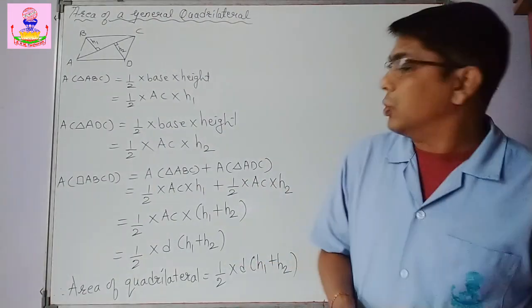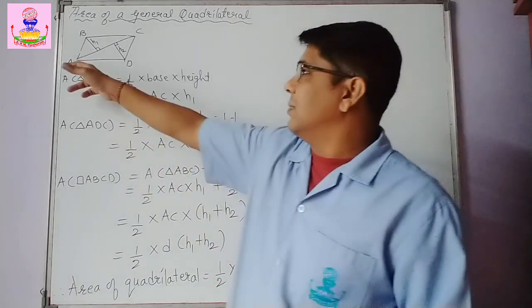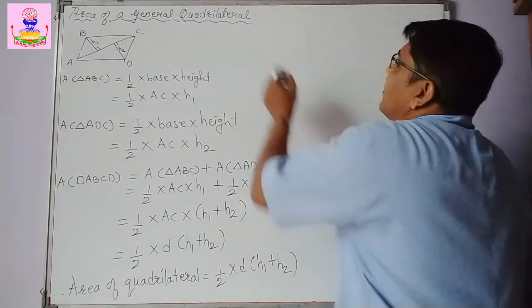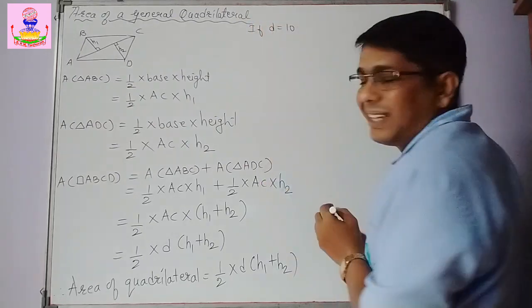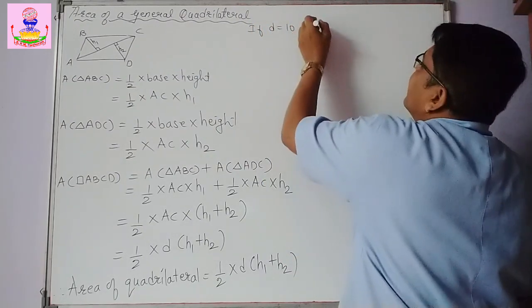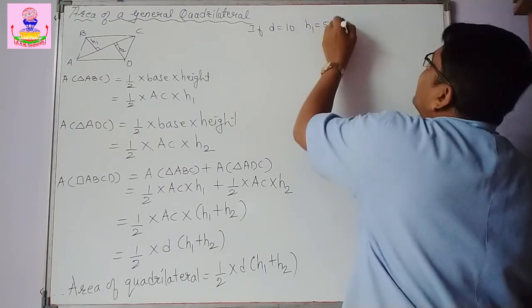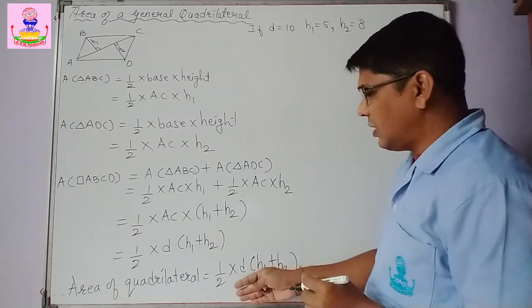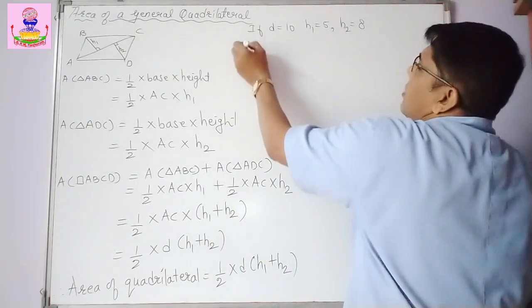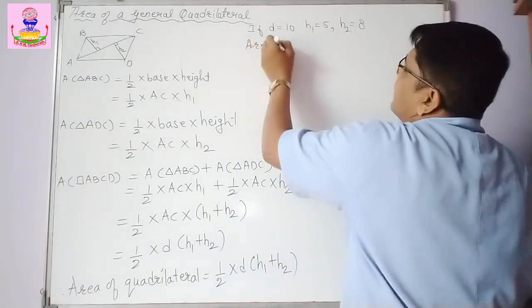Suppose the length of the diagonal D is equal to 10, H1 is equal to 5 and H2 is equal to 8. So find the area of the quadrilateral. So substitute in this formula.